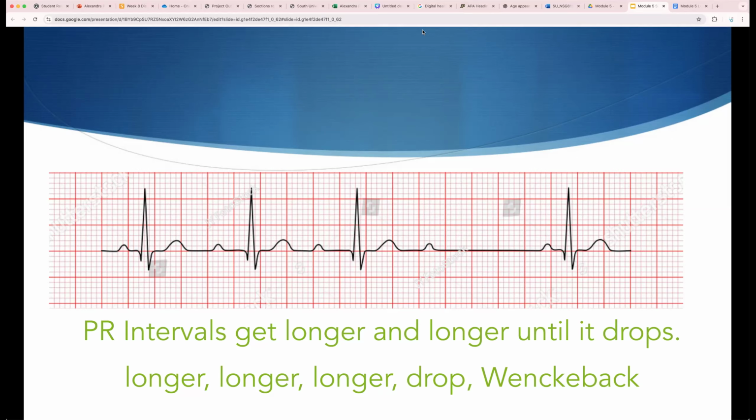Put your answers in the chat. Okay, so this is second degree heart block, but is it type 1 or type 2?